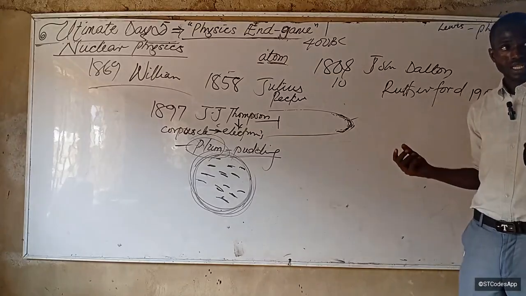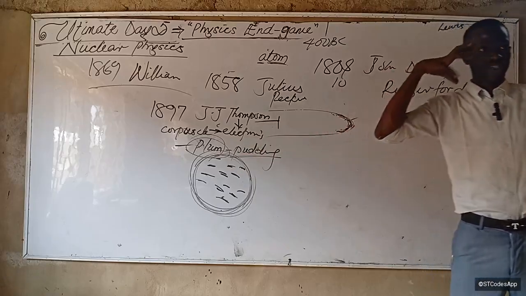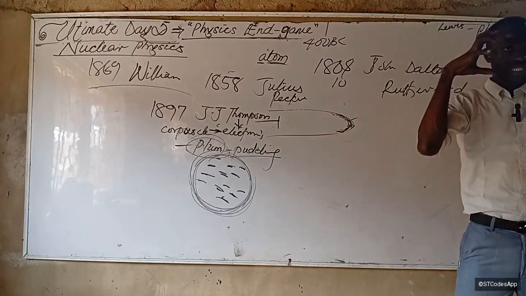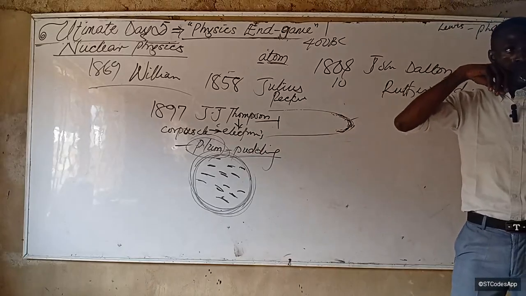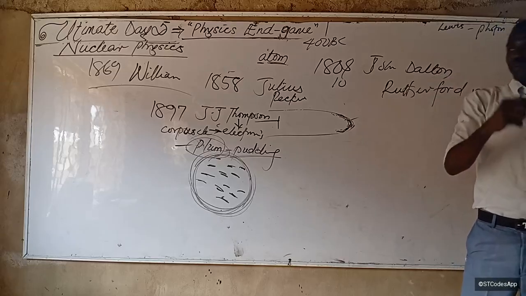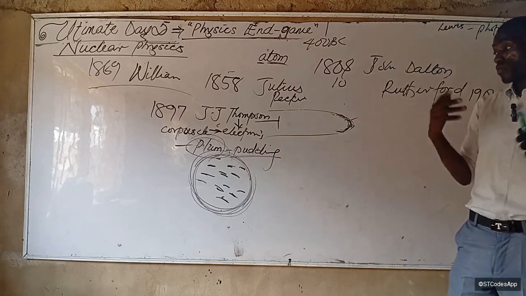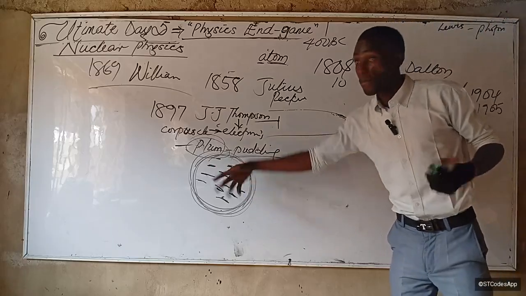If the electrons were held fixed in the pudding, chemical reactions that occur easily would not be able to occur. So we're like plums in the pudding.